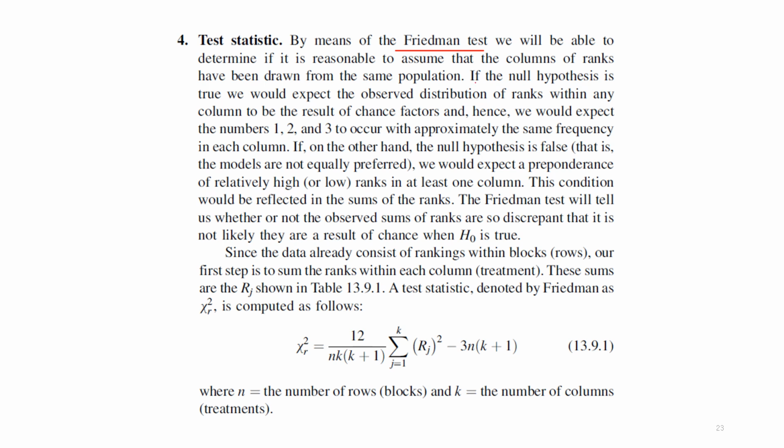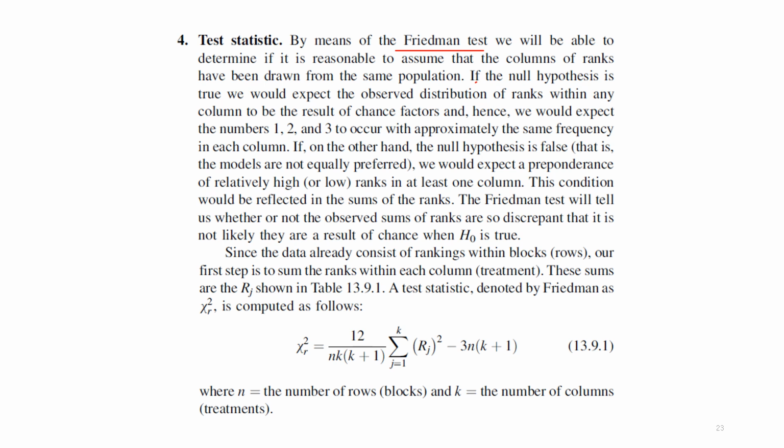If the null hypothesis is true, then we expect the distribution of ranks within any column to be the result of chance factors, and hence we expect the numbers 1 to 3 to occur with approximately the same frequency in each column. So all the ranks are mixed up. In other words, the rank sums are the same.